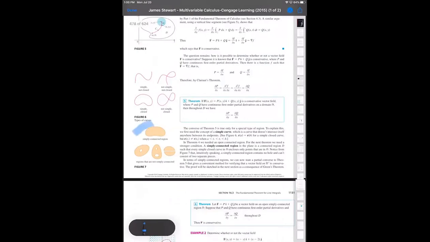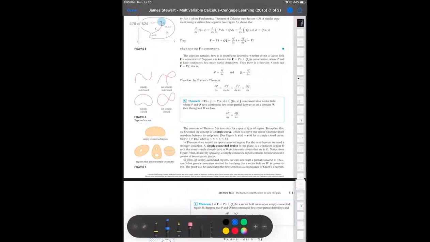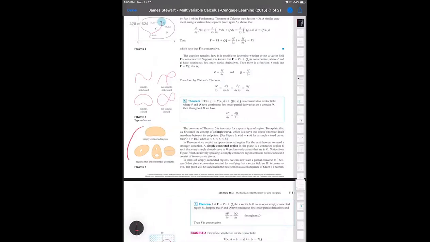So this diagram here tells you a couple of examples. But it only gives an intuitive level.